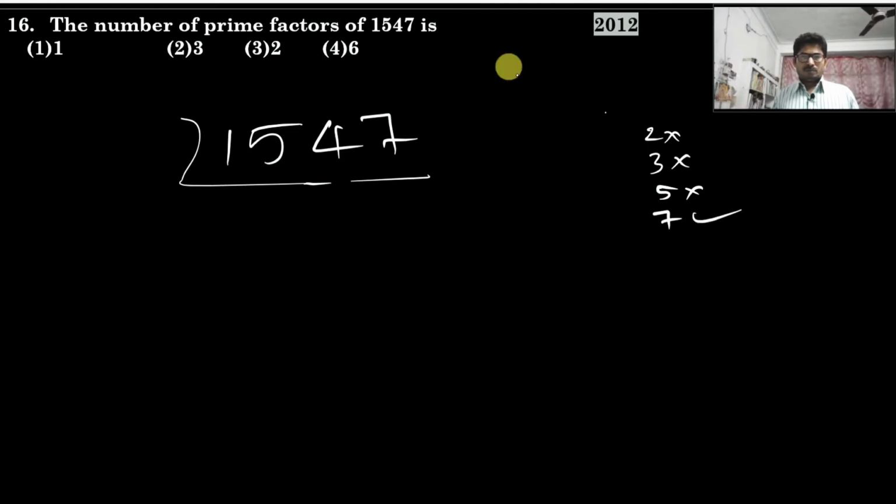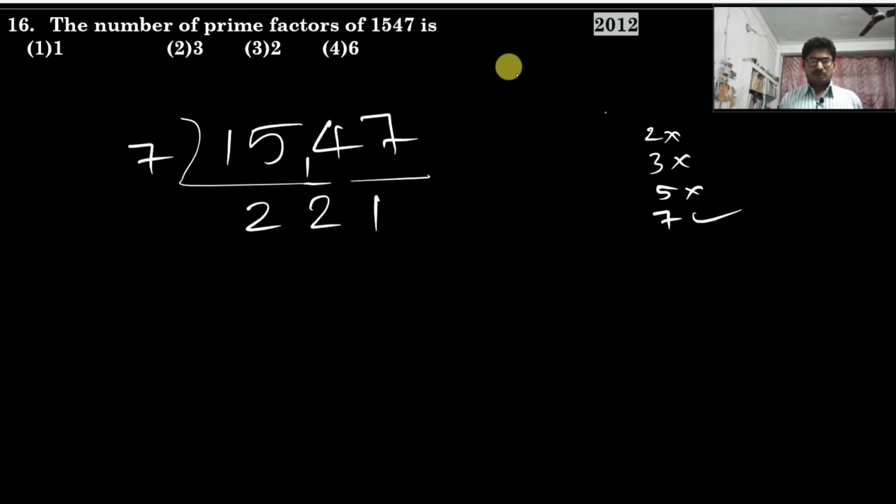So it is divisible. There is no divisibility rule for 7 for 5th class, so that's why you have to divide like this. 7 2s are 14, 1 remainder. 7 2s are 14, 7 1s are 7.